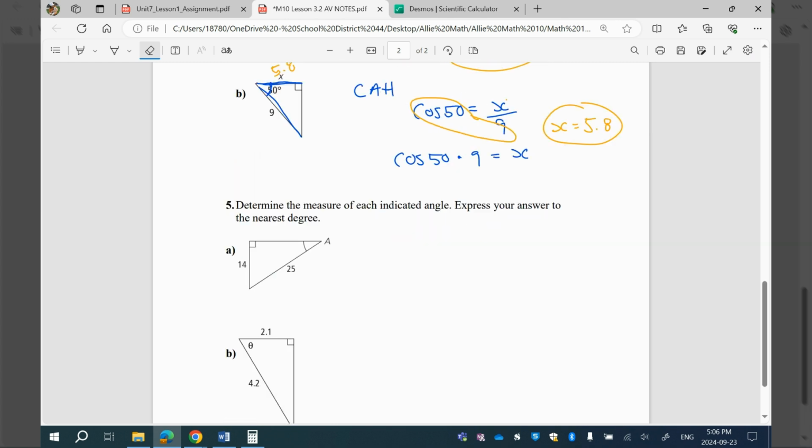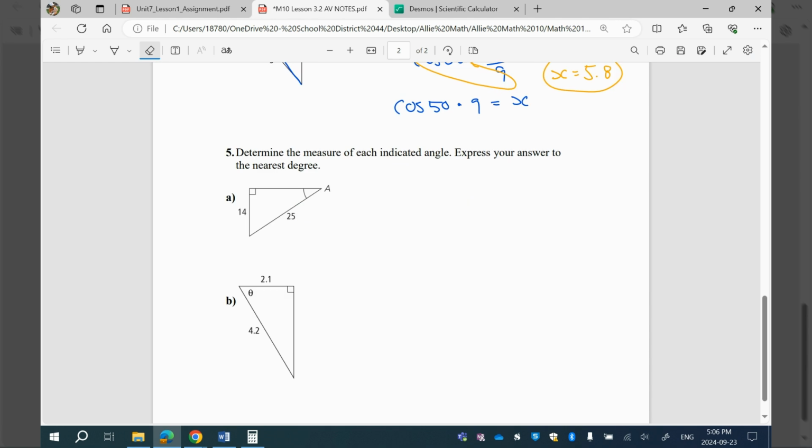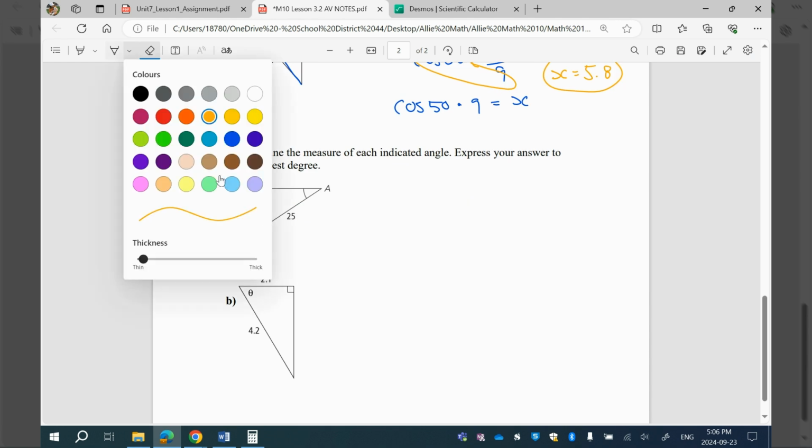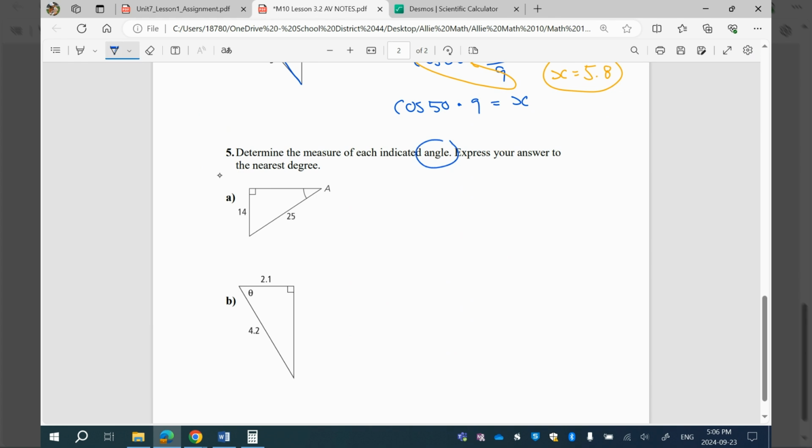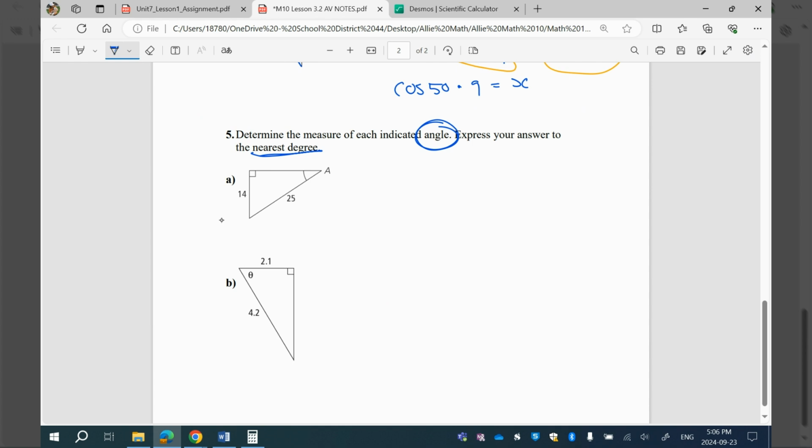Okay, let's do 5. Determine the measure of each indicated angle. So we're going to be using the inverse as the final step. Express your answer to the nearest degree. Okay, wonderful. This one we have reference angle A. We have the opposite and the hypotenuse, so we're going to use sine for that. So the sine of angle A equals opposite over hypotenuse, 14 over 25.